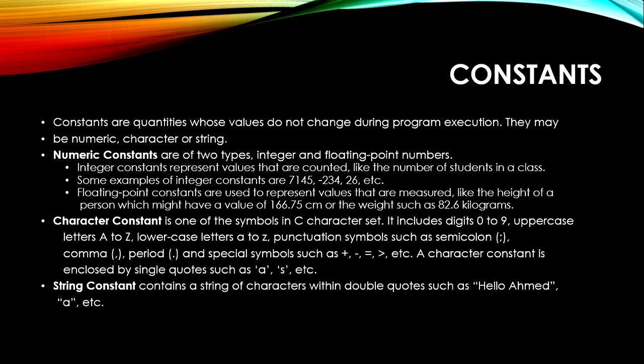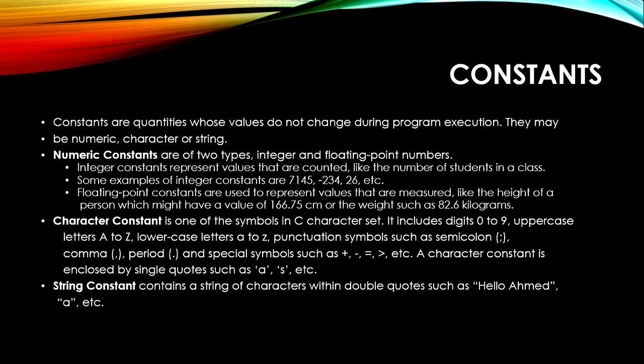Floating point constants are used to represent values that are measured, like the height of a person, which might have a value of 166.75 centimeter, and the weight such as 82.6 kilogram.